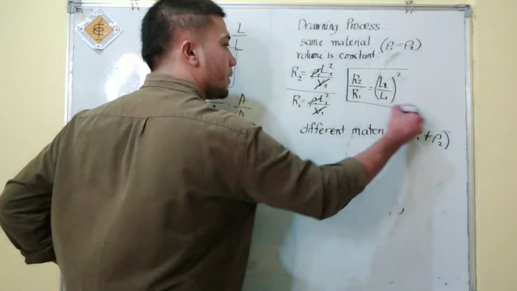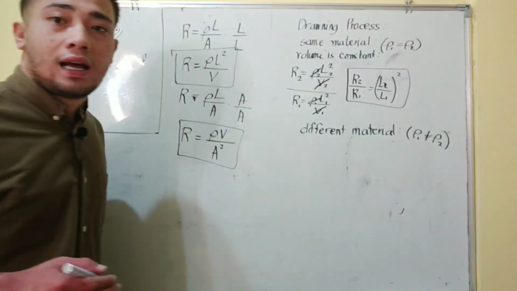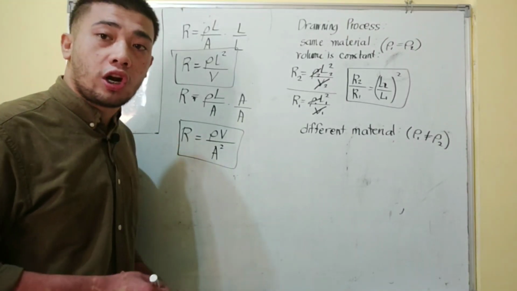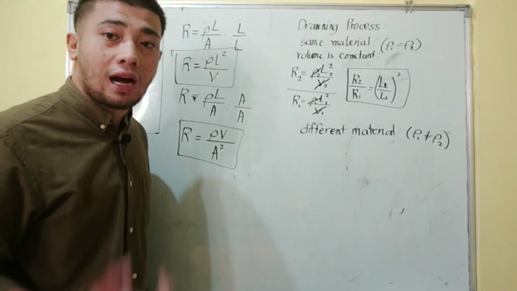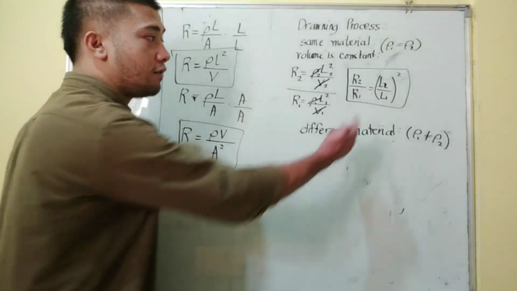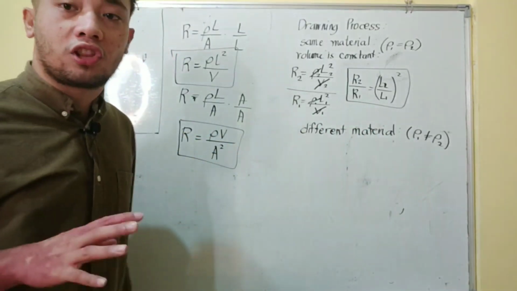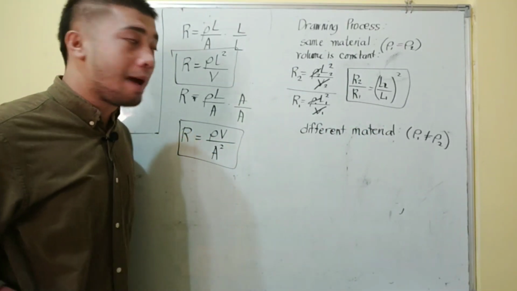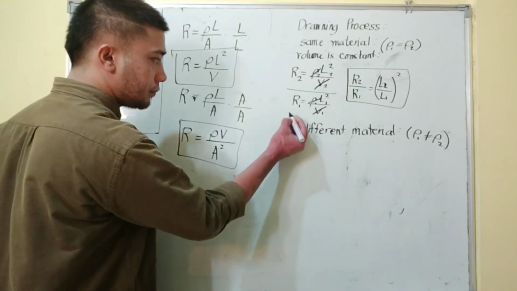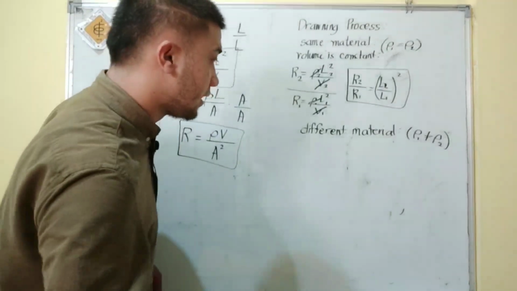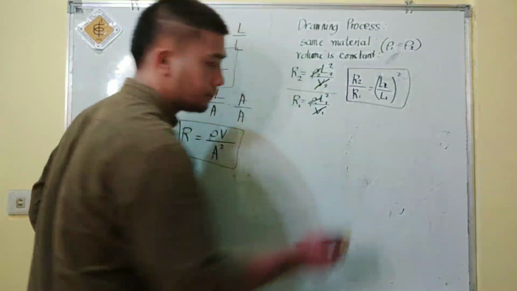So, this is the formula when the material undergoes the drawing process, in terms of length. What about in terms of area or in terms of diameter? Let's derive. I'm going to erase this first for the different material.